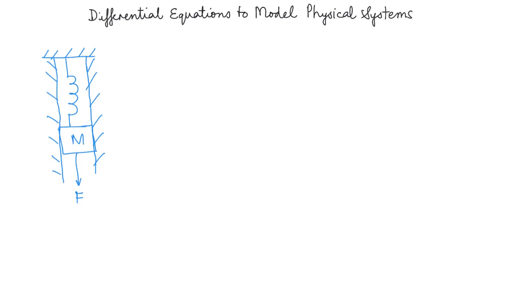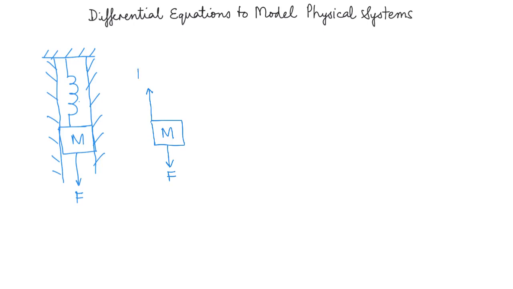Now if you draw the free body diagram of this mass, I'm sure you know how to draw free body diagrams, you have learned it in basic physics. So you have a force F which is being applied. Now this spring, let's assume that it's an ideal spring, and it is stretched by, let's say, x.